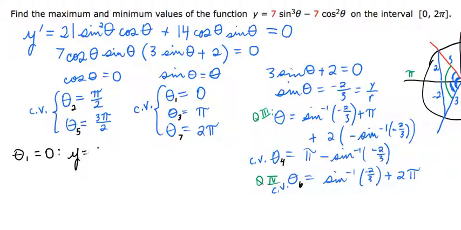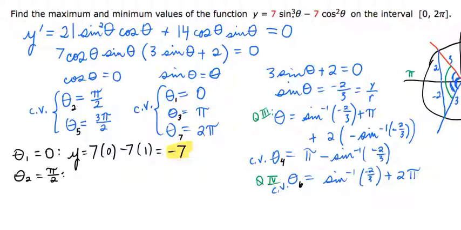So we get y equals 7 times sine of 0 is 0, so 7 times 0 minus 7 times cosine of 0 is 1, so minus 7 times 1, we get negative 7 for our first y value. Just because I'm going to have to re-find that number, I'm going to go ahead and highlight it. Then we plug in the second theta value, which is pi over 2.